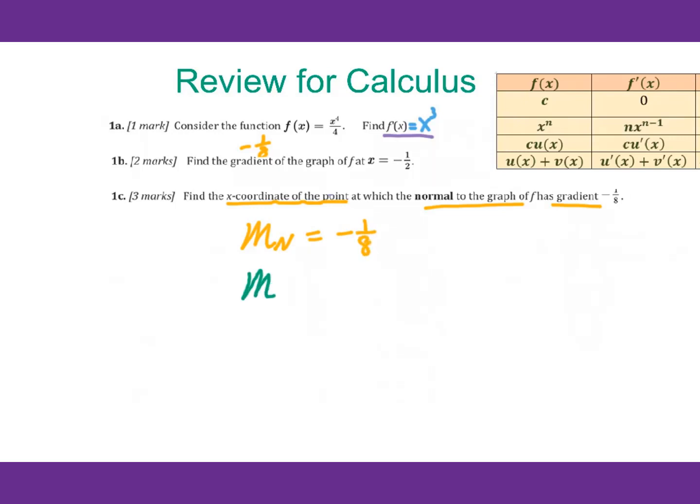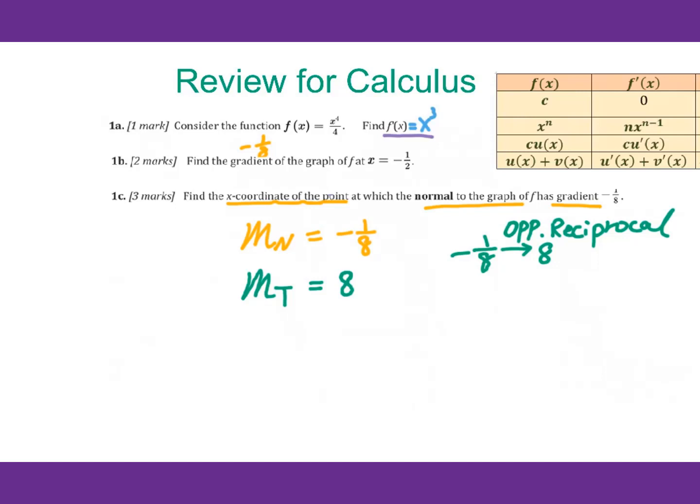Therefore, the slope of a tangent line equals 8, because you do opposite and reciprocal. You will get 8.